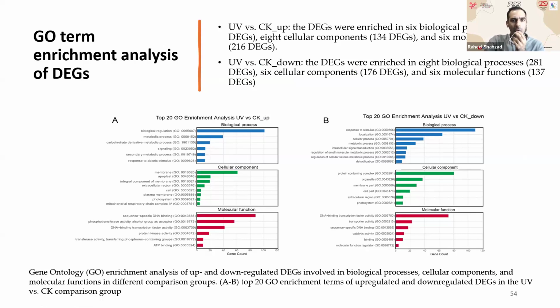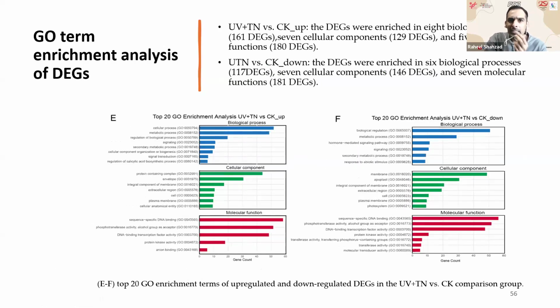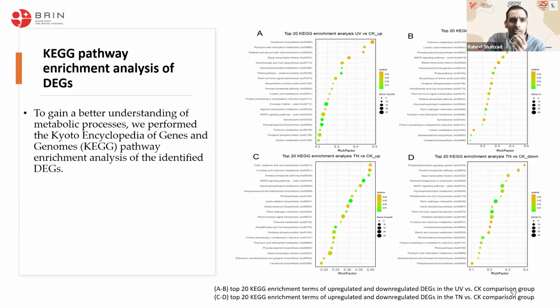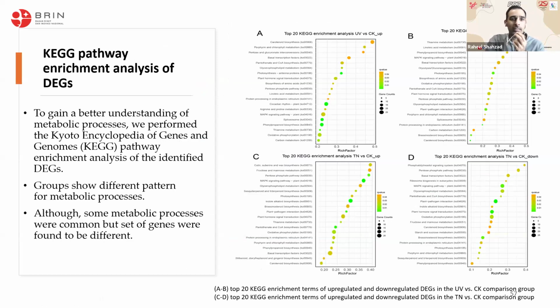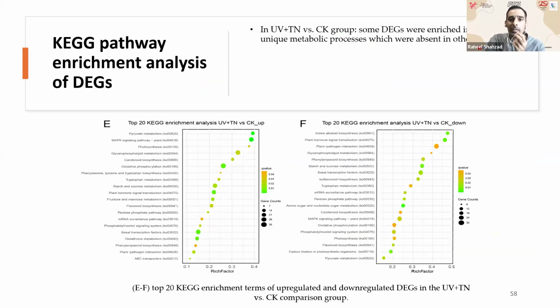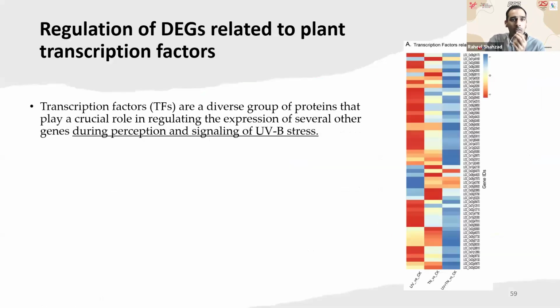We find some obvious differential patterns between the different groups. And then we also performed the KEGG pathway enrichment analysis, and we found some interesting candidate genes. So we are going to skip it.